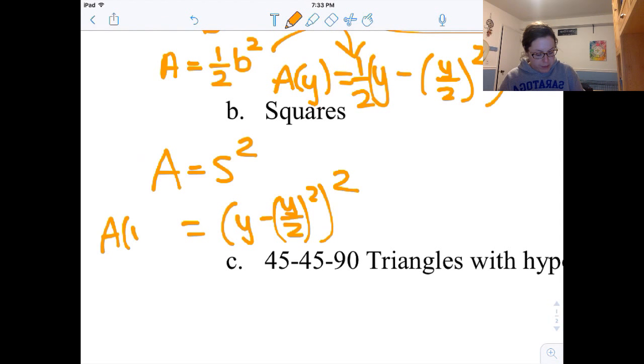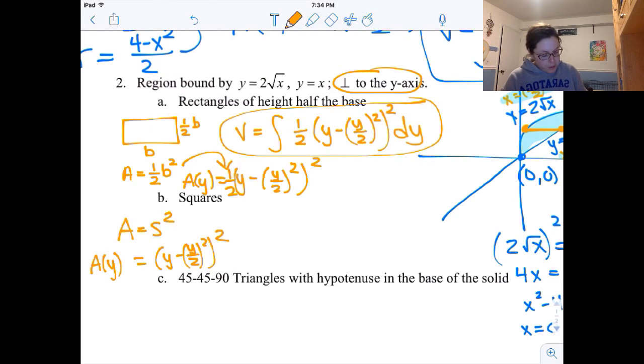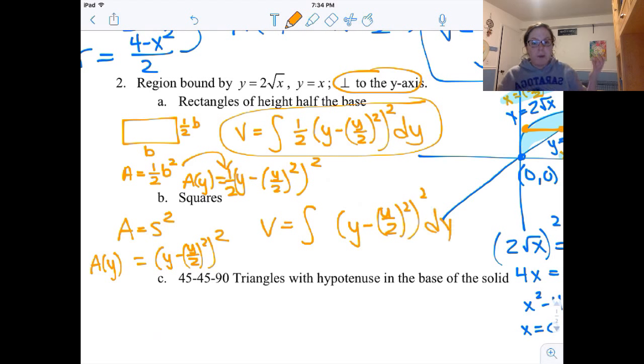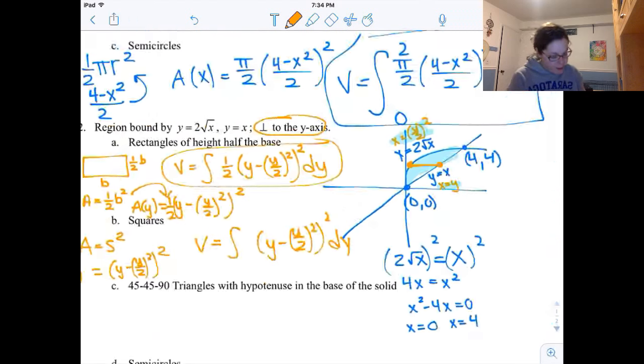That's my area with respect to y. So the volume is going to be the integral of that function, the area function, dy. And on both of these, I forgot to put my bounds, so let's do that quick. Since we're going with respect to y, we're going to go from the y value to the next y value, and so both of these would be from 0 to 4.